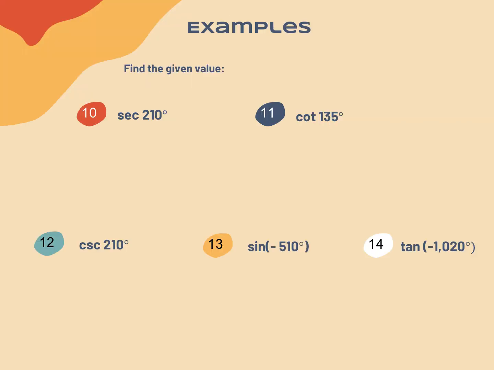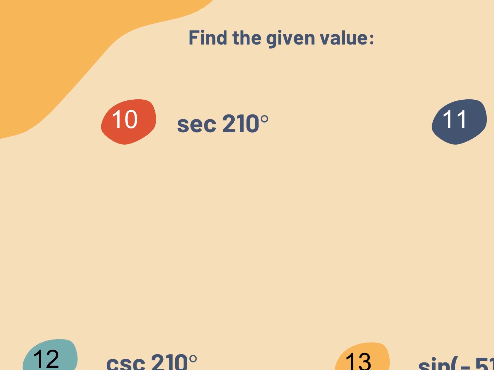All right, next, secant of 210. Let's graph it. Now, you don't necessarily have to graph it. If you realize that this is going to end up in quadrant 3, you can also use that formula from before and take 210 and subtract 180, and that's going to give you your reference angle.